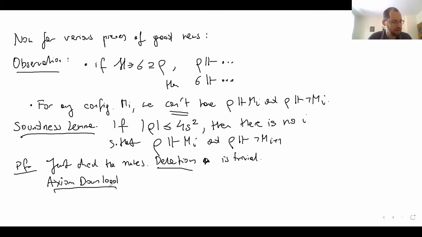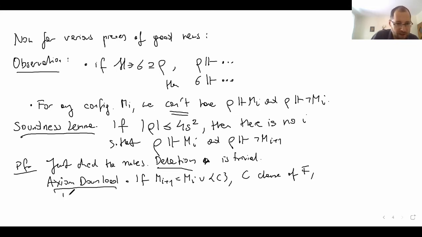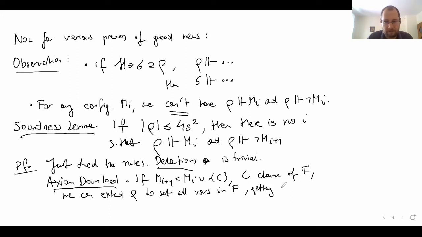This will be pretty much like in the case for resolution. Okay. If M_{i+1} is M_i union C, where C is a clause of F, our formula that we're refuting, we can extend rho to set all variables in F, getting sigma.